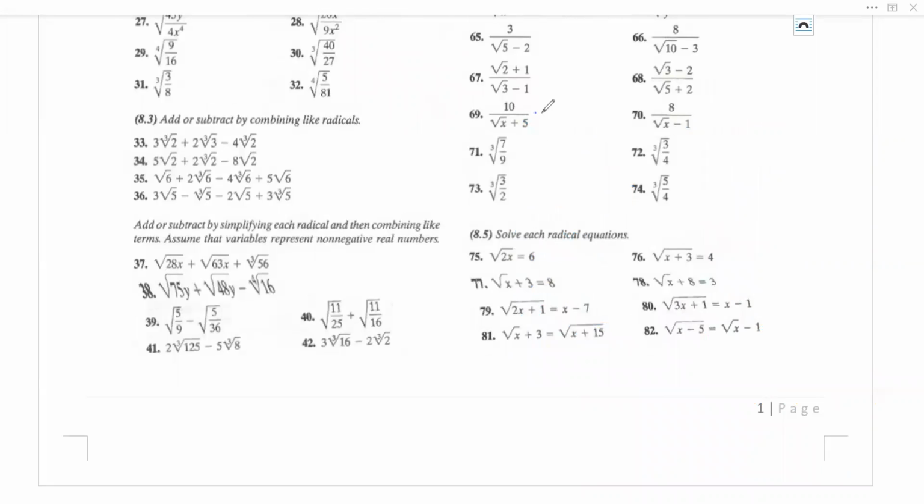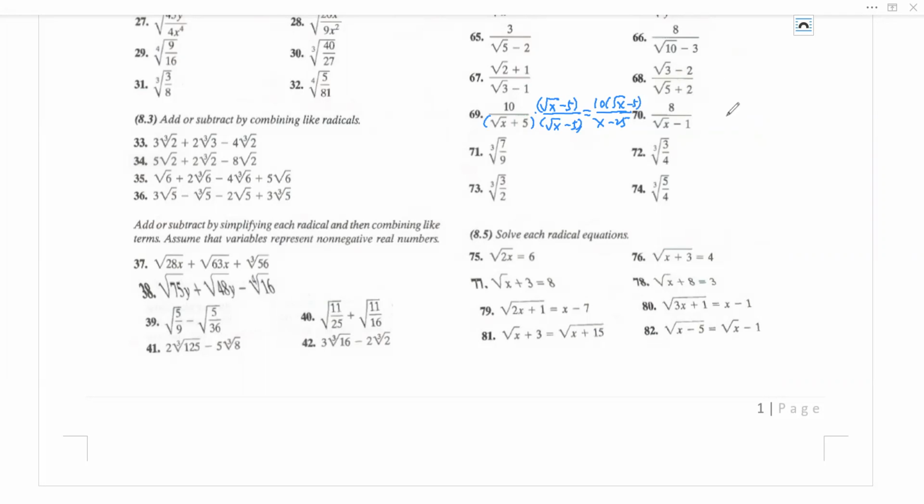All right, 69. So for both top and bottom, what's the conjugate here? Conjugate is a plus b, so we need a minus b, right? Okay. So the top and bottom actually are like this. So you get x minus 25, and you get here 10 square root x minus 5, right?